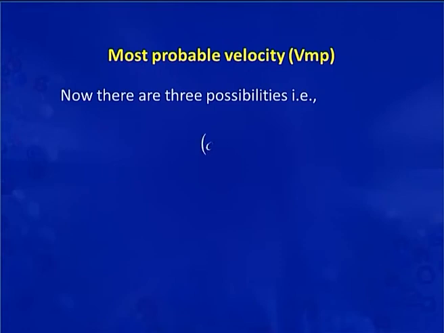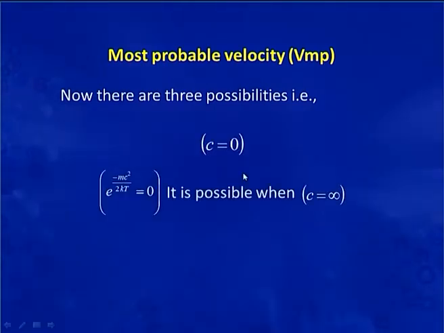So, there are 3 possibilities now. First, c is 0. Second, e^(−mc²/2kT) is 0, which is possible when c is infinity. Third, 1 − mc²/2kT is 0.